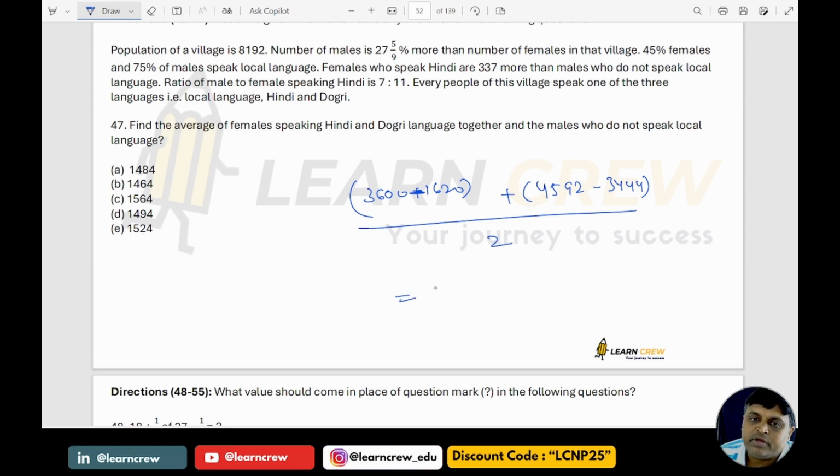So 1980 plus 1148, divided by 2. The average would be 1564. So the answer is option C.